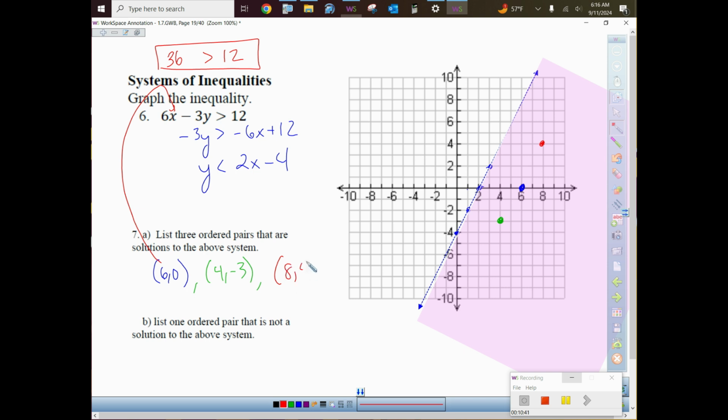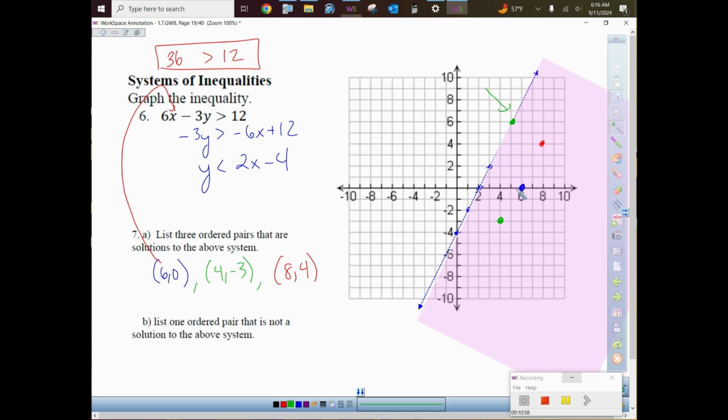But the interesting questions are points like this. What do you think about this green dot right here, which is on the line? It's at 5, 6, but the main thing is it's on the line. My question is, does the line count or not count? In this case, it does not count because it is a dashed line.